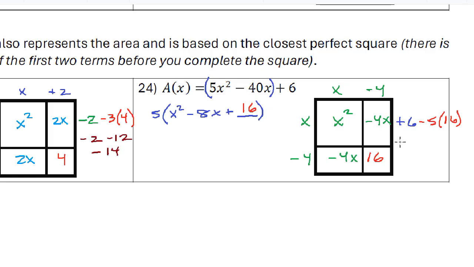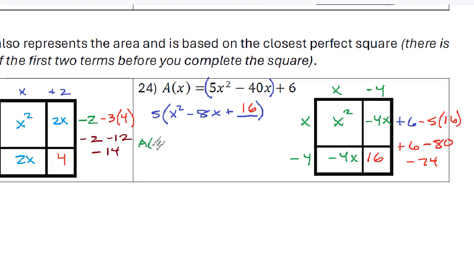So this becomes plus 6 minus 80. And 6 minus 80 is negative 74. So here's what we have. We have this minus 74.